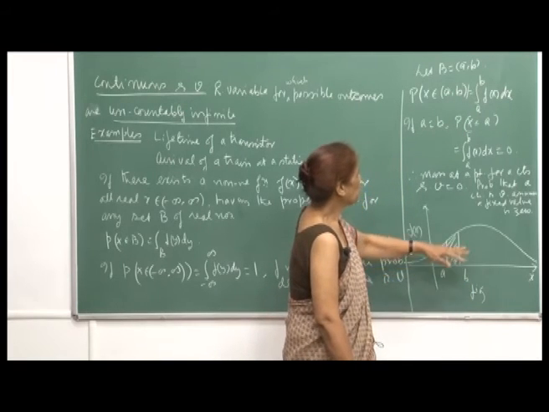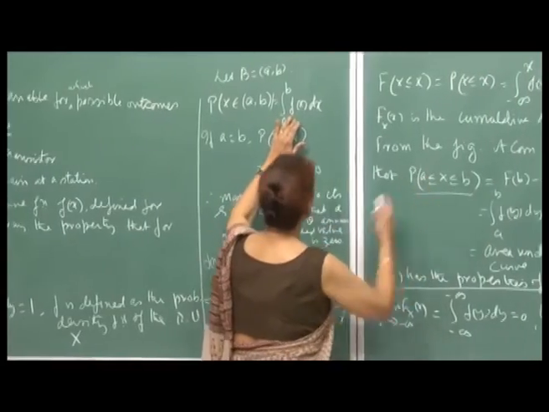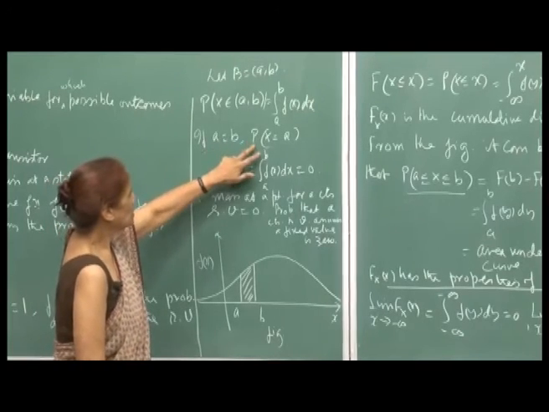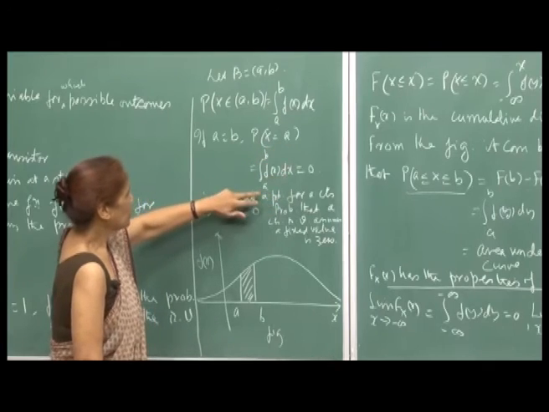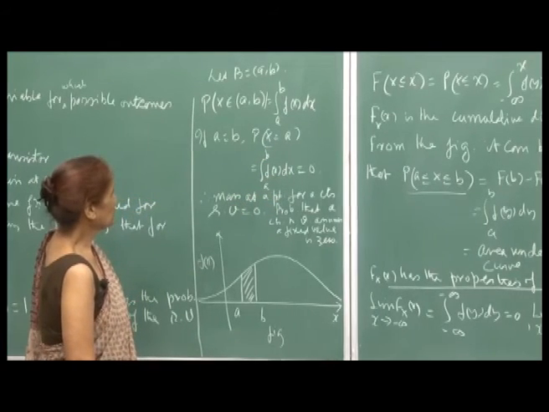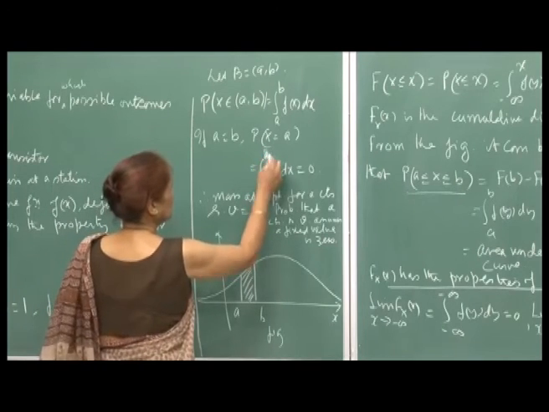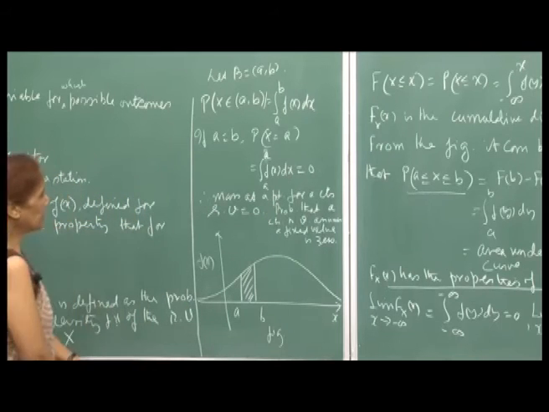Then, if a is equal to b, this reduces to the probability that x equals a. So, the integral will be from a to a of f_x(x) dx, and by the definition of the integral, this is 0.